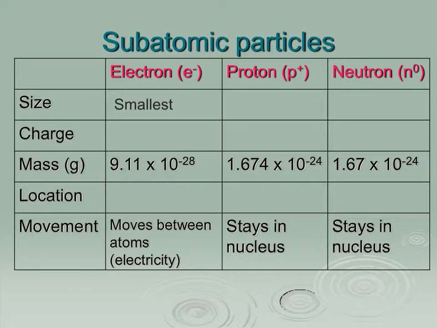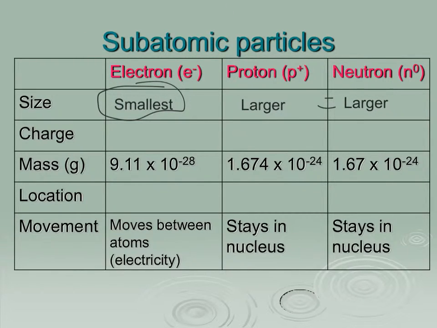We also have our proton, and you don't need to know necessarily the relative or the real size of these, but the proton and the neutron are going to be the same size as one another. So both of these are going to be the larger of the particles. I'm just going to type this in there because otherwise my handwriting is terrible. But these ones are both the same size as one another. Biggest thing is that you know the electron is the smallest.